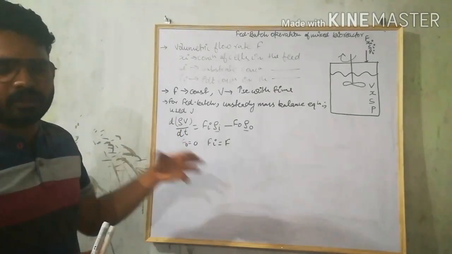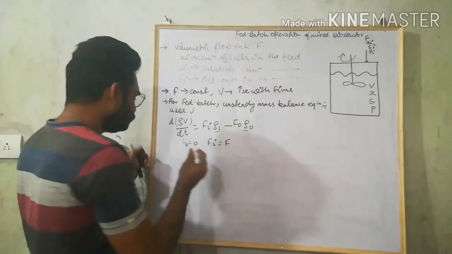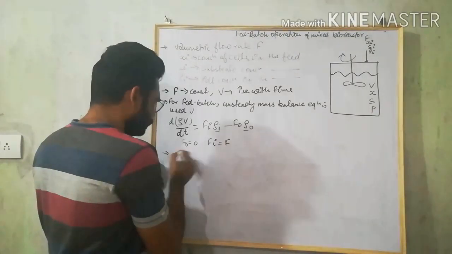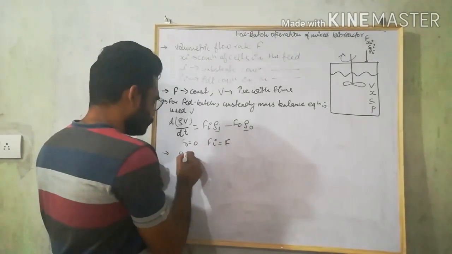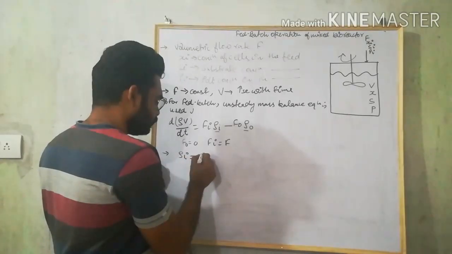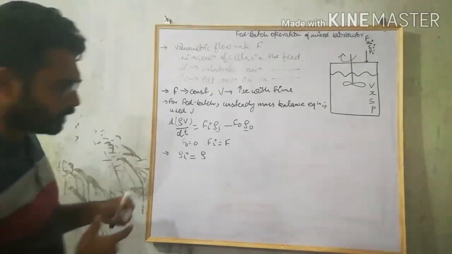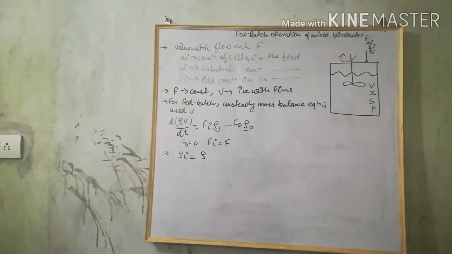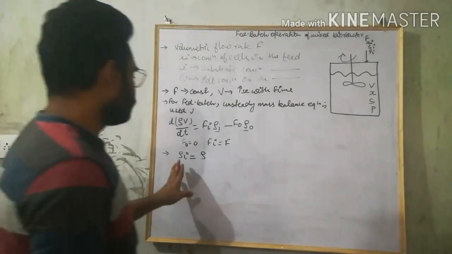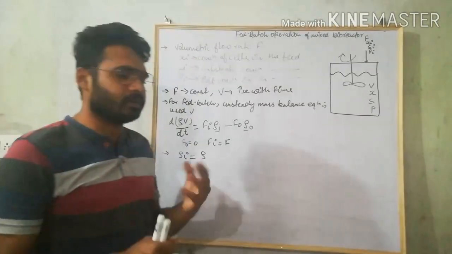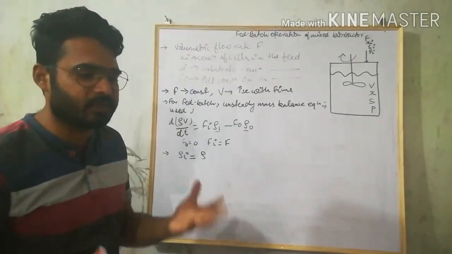So again we have, if rho I is equal to rho. Why am I saying this? Because we are supplying a dilute medium whose density is constant.